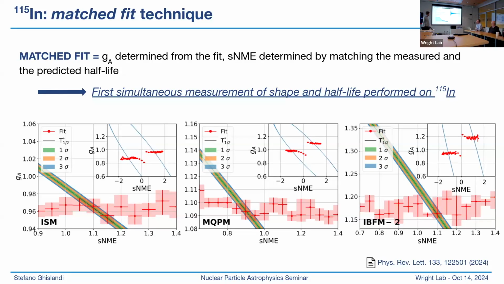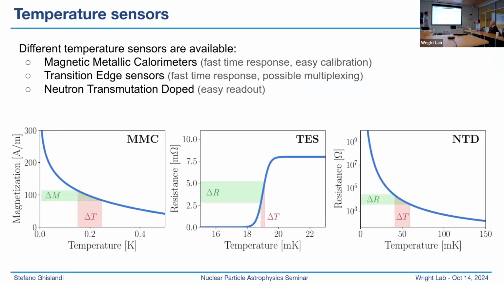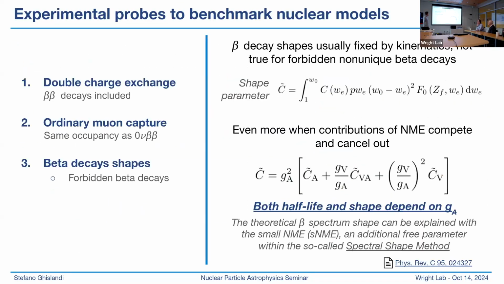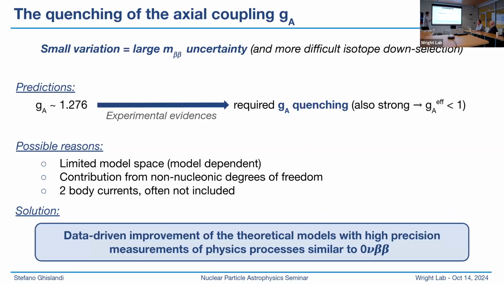Okay, so let's say that in order to have a common ground, GA is this one, and we trust this one, which has been measured very precisely by several different experiments, also exploiting different techniques. The point is that different models with different assumptions predict different GAs.